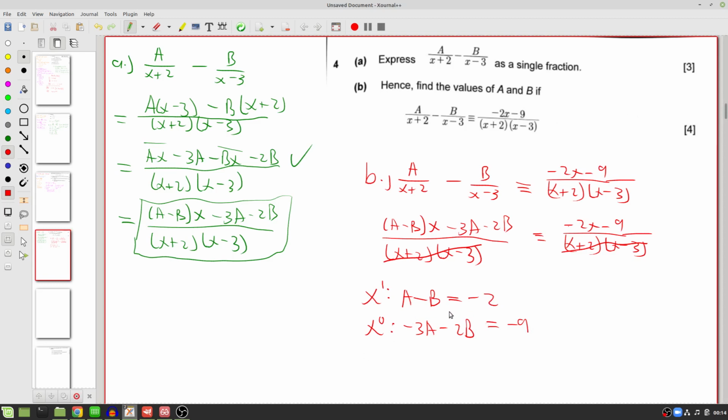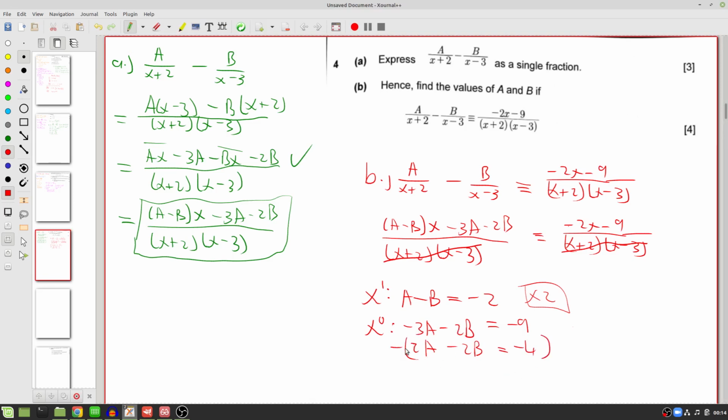Okay, so I want to do elimination here. So the coefficients of the a's or the b's must be the same. At the moment they're not. So I'm just going to multiply this whole equation by 2 and write that down at the bottom. So a times 2 is 2a, negative b times 2 is negative 2b, and negative 2 times 2 is negative 4. So the b's have exactly the same coefficients, so we can subtract the two equations from each other.